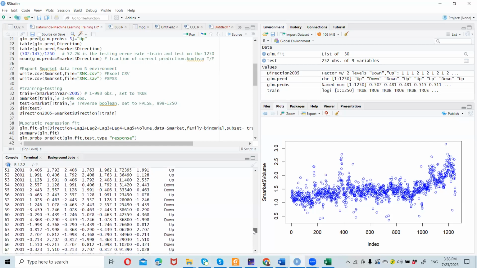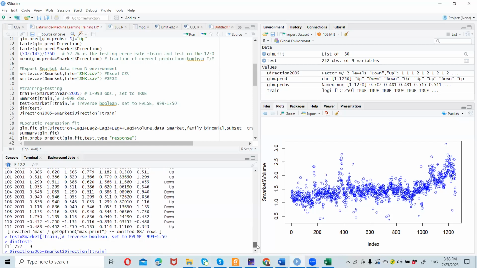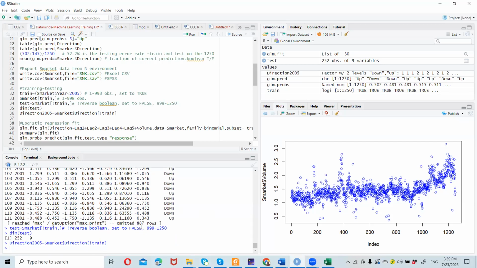Now for our direction, 2005, like we said, we only consider 2005, for our dependent variable. You can see that the exclamation mark negates the train, so by implication, it's actually the test data.